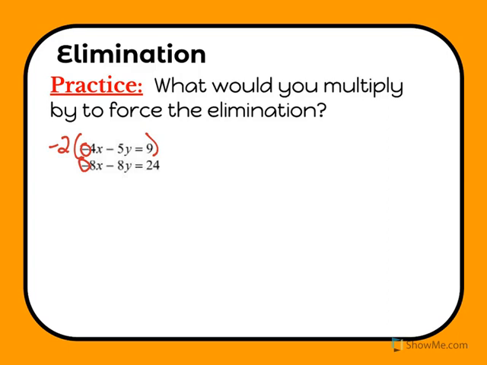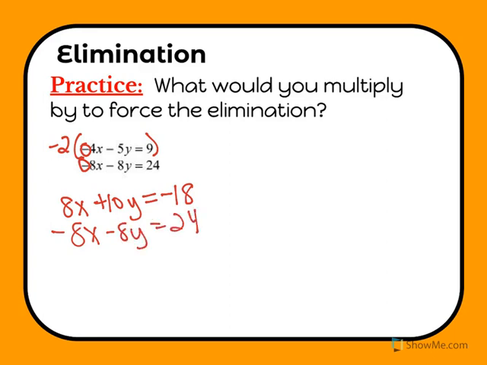So that would be, let me make sure, okay, negative 2 times negative 4x would be 8x. Negative 2 times negative 5y would be positive 10y. Negative 2 times 9 equals negative 18. See, I learned from my mistake, and I'm remembering to make sure I do that step. And then we have negative 8x minus 8y equals 24.